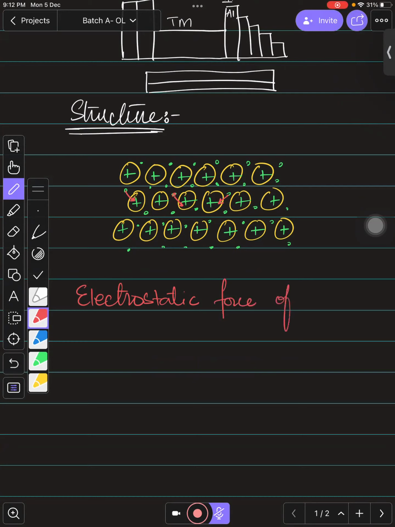But this time, not like ionic bonding, you cannot use the word ions in that way, because यहाँ ions के दरमियान नहीं है. यहाँ पर electrostatic force of attraction है between positive ions and delocalized electrons. Positive ions and delocalized electrons, right? So you can say that this is the metallic bonding definition, right?